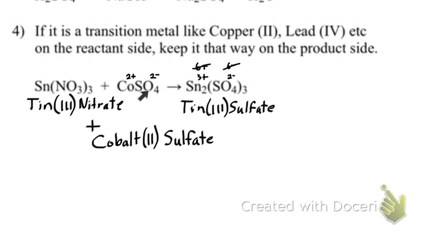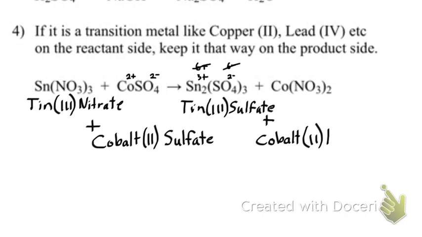Because the cobalt was bonded to the sulfate on this side, it's going to bond to the nitrate on the other side. And so you'll have plus cobalt 2 nitrate. Because the cobalt was 2+ and nitrate is only -1, we needed 2 nitrates, so 2 times a -1 would be 2 negative, and they would cancel each other out.